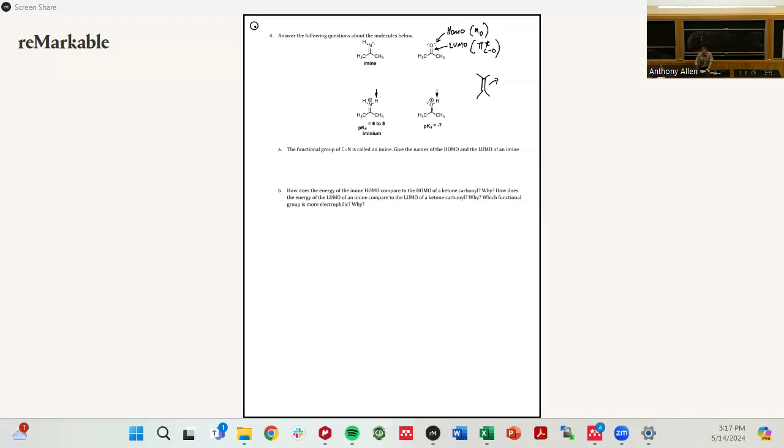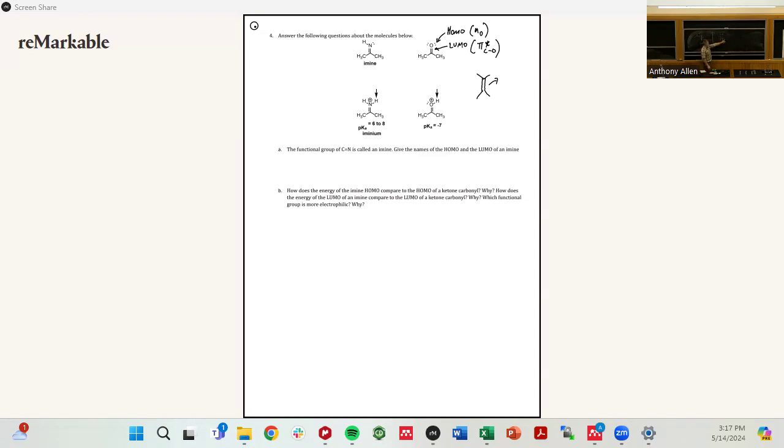If you remember your series of sigma, then pi, and sp, sp2, sp3, p, all of which we can just subsume into lone pair n, and then pi star, sigma star.